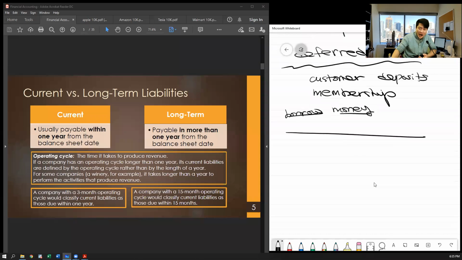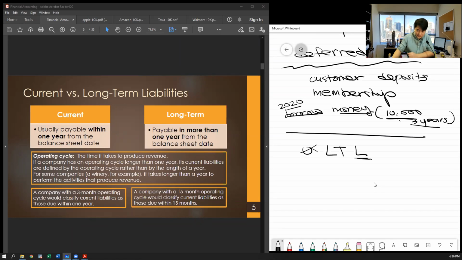Let's say you borrow $10,000 from a bank in 2020, due in 3 years. At the end of 2020, you are going to report that $10,000 under the long-term liabilities section.